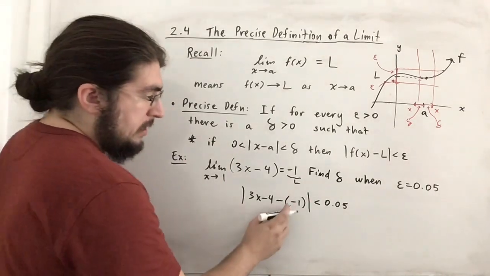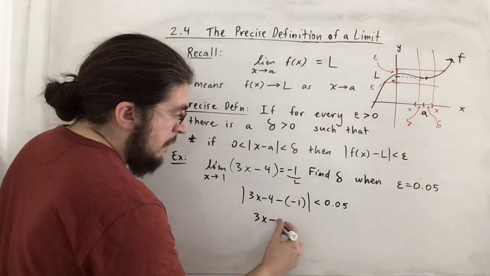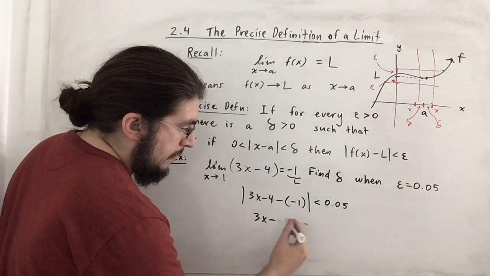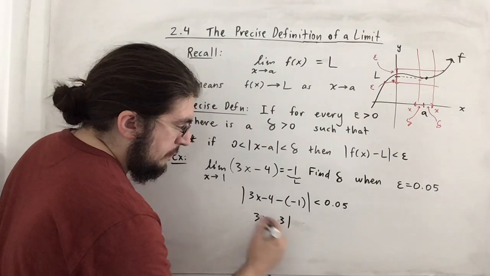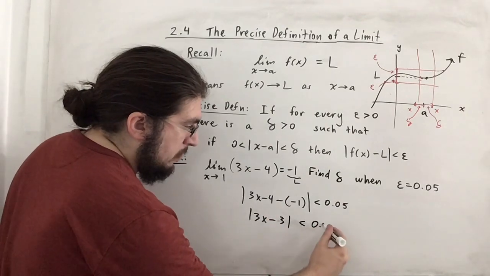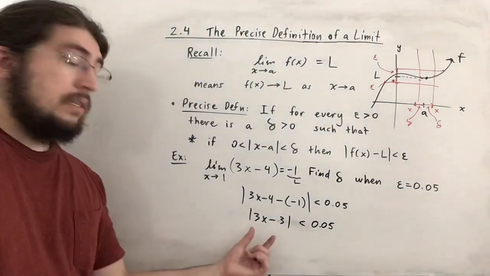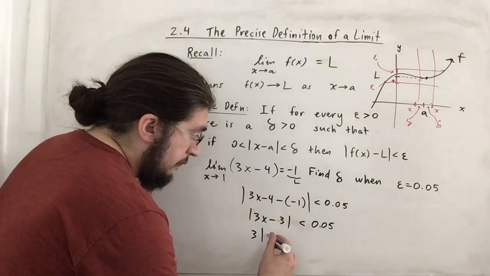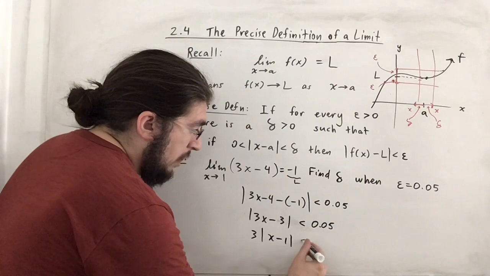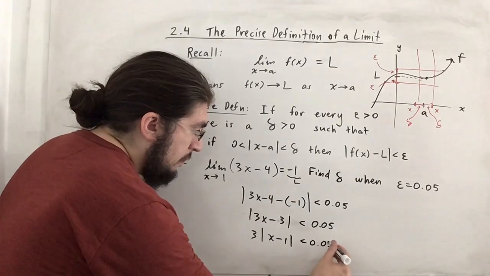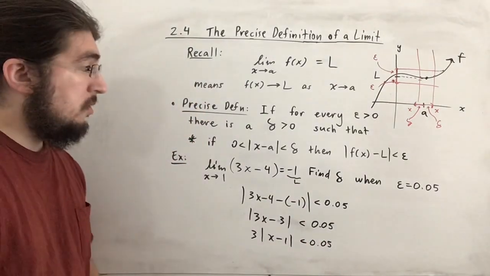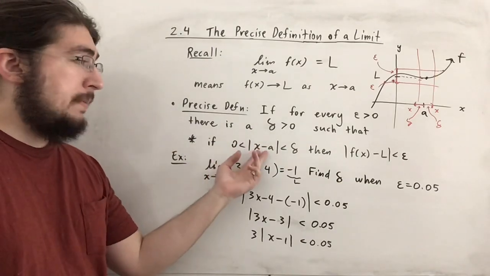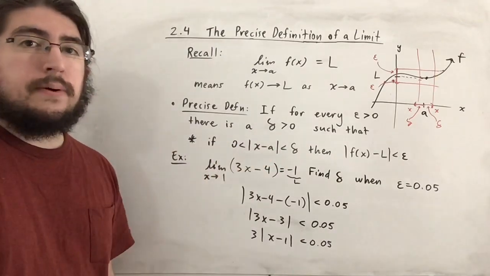So now notice here this is plus, so we end up getting 3x minus 4 plus 1, which is of course 3x minus 3, in absolute value, is less than 0.05. And notice, these both have 3 in common, so we can actually pull that out even outside of the absolute value, and we get x minus 1 left on the inside. And this is perfect because if you look at where delta comes into play as far as the definition goes, it's the absolute value of x minus a less than a number.